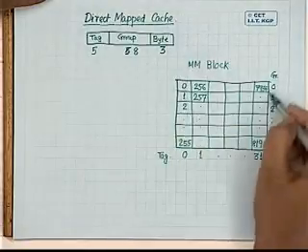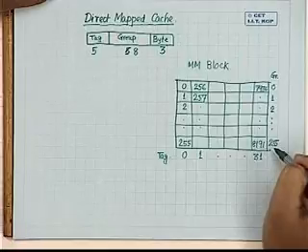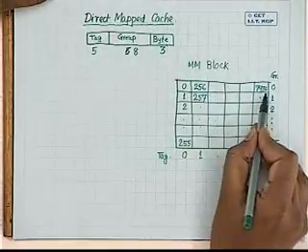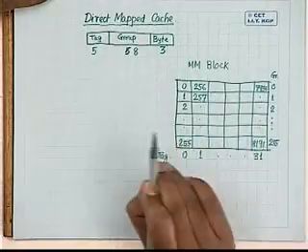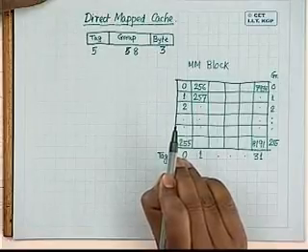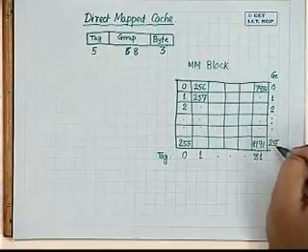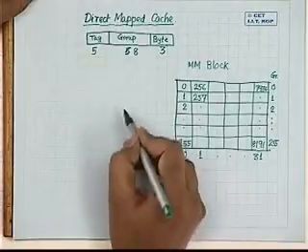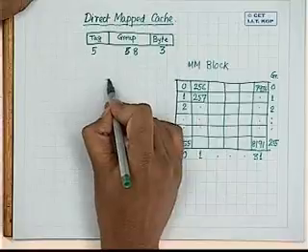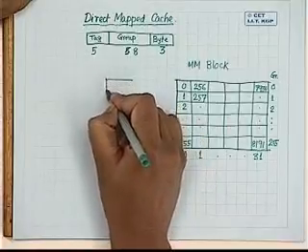Okay. So I logically put the main memory like this. And since I have so many groups, any block belonging to a particular group can only go to a particular cache line. Okay. So since I have 256 different groups, I will also have 256 different cache lines in the cache memory.